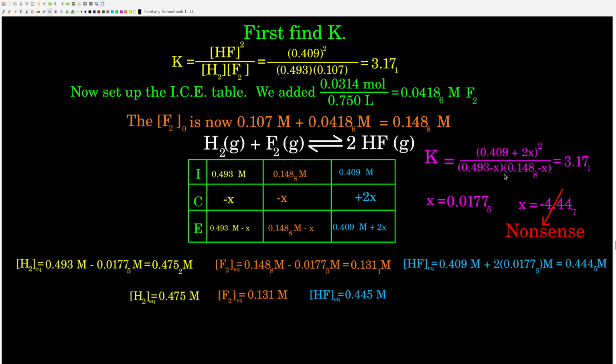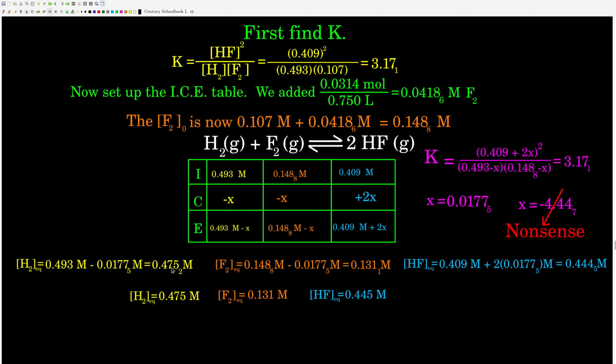Get a quadratic equation, 2 roots. One of the roots makes no sense, negative makes no sense, and it's also too big, because when we subtract it, we get some weird number. Anyway, one of the roots makes sense, and that's our answer. So now to get the equilibrium concentrations, we just plug in X to these expressions here.